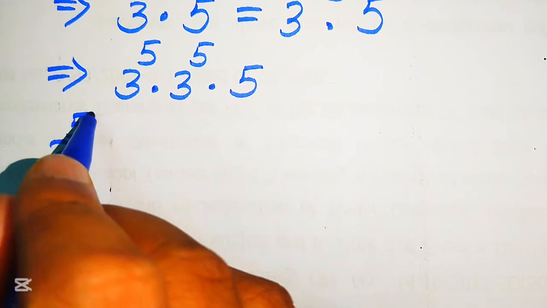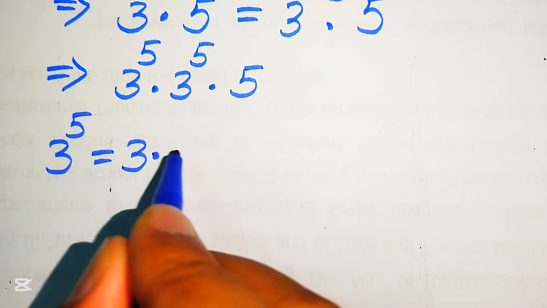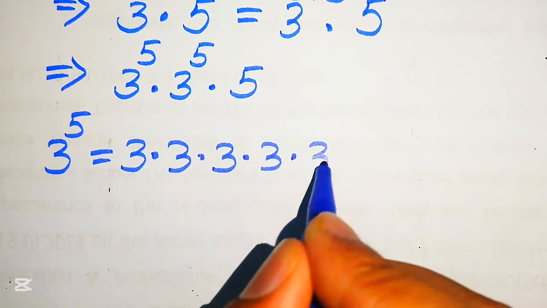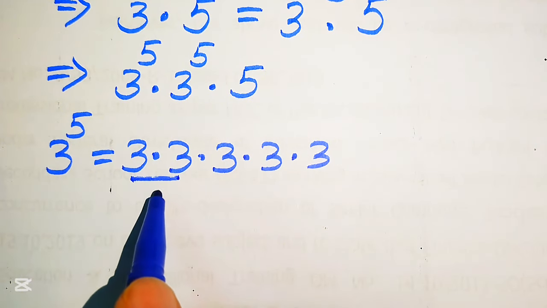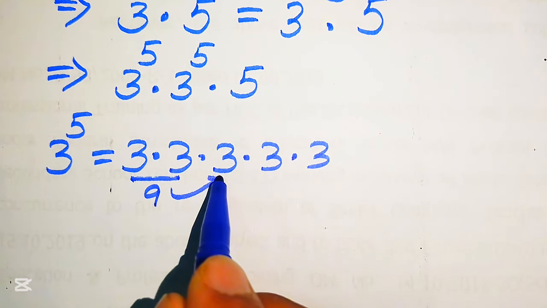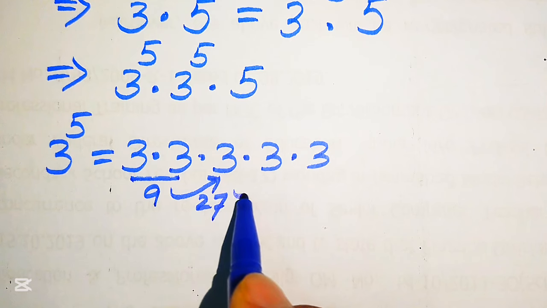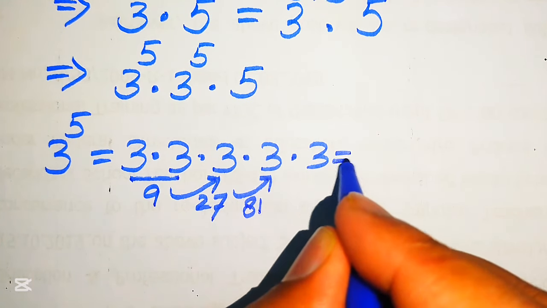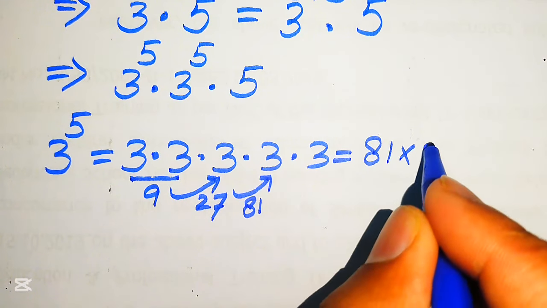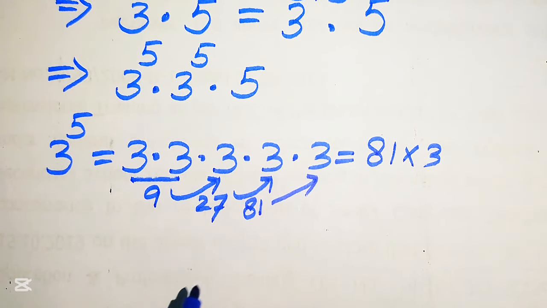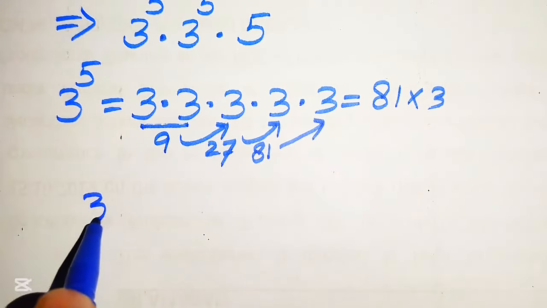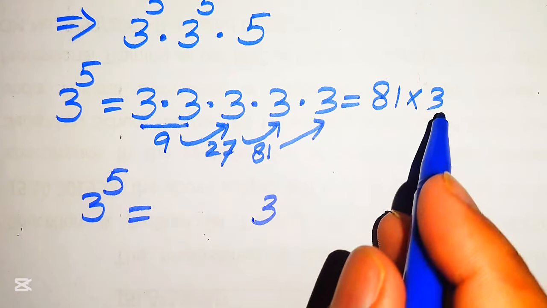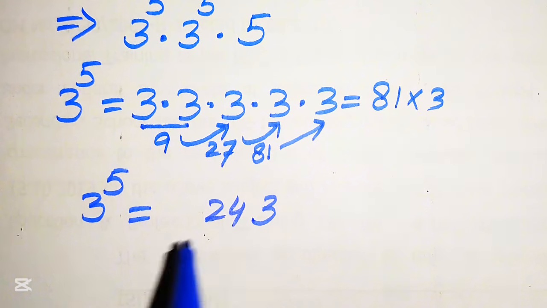Our next target is to find the value of 3 to the power of 5. 3 to the power of 5 means we multiply 3 five times in this way. 3 3s are 9, 9 3s are 27, 27 3s are 81, and we multiply 81 with this 3. 3 1s are 3 and 3 8s are 24.